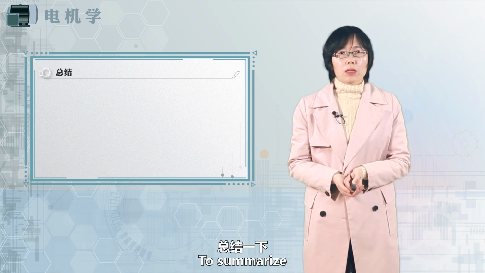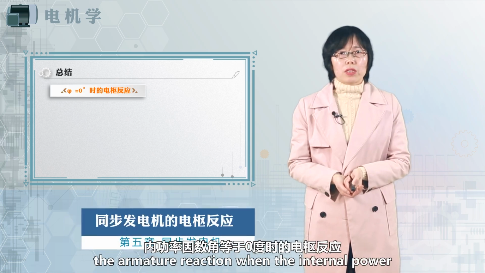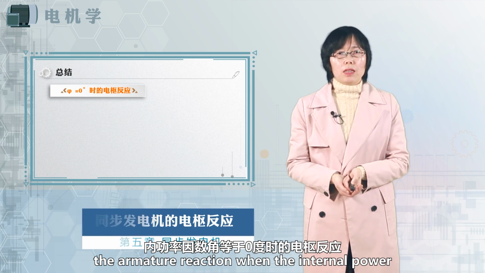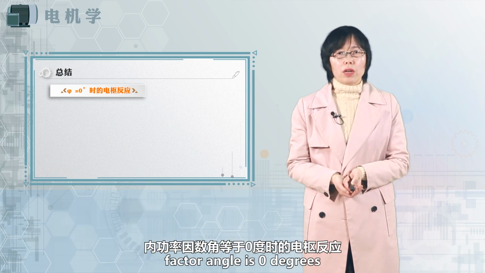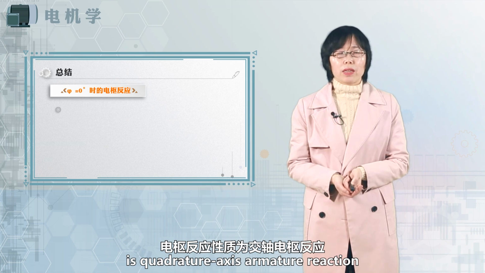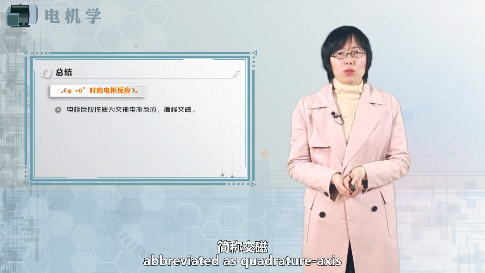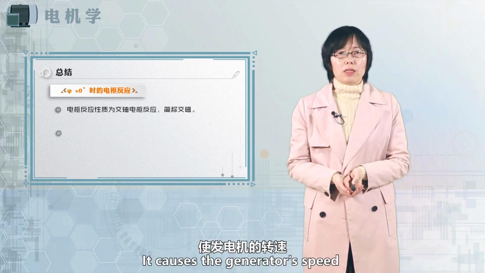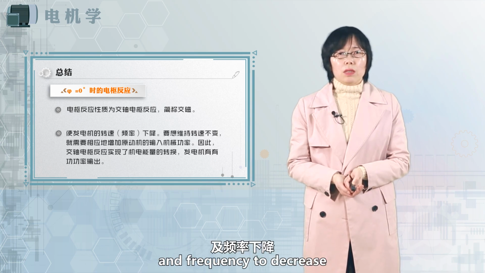To summarize, the armature reaction when the internal power factor angle is 0 degrees is quadrature axis armature reaction, abbreviated as quadrature axis. It causes the generator's speed and frequency to decrease.